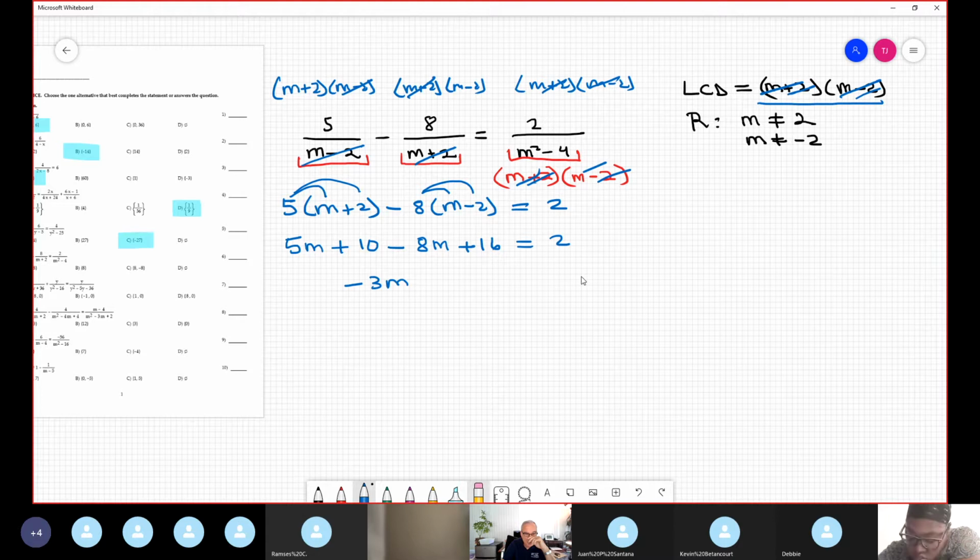Positive 10 and positive 16 is plus 26. Minus 3m plus 26 equals 2. Move 26 to the right hand side: m equals negative 24, divided by negative 2 on both sides, and it's 12, positive 12.